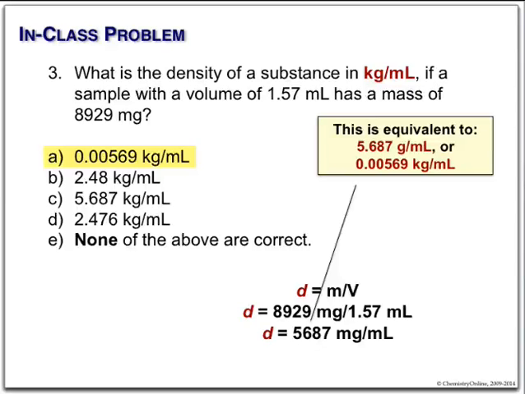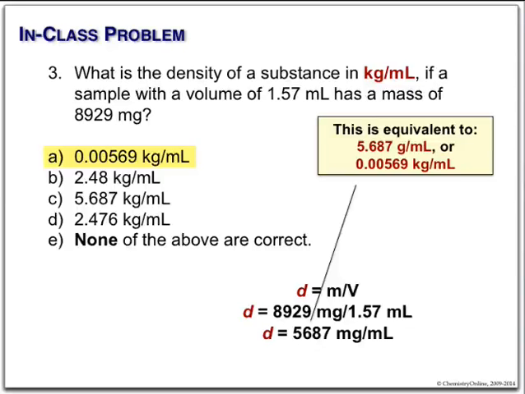We're going to remember that milli is 10 to the minus 3, and kilo is 10 to the third. If we took our answer here, this is 5687 milligrams, that's 10 to the minus 3 grams.